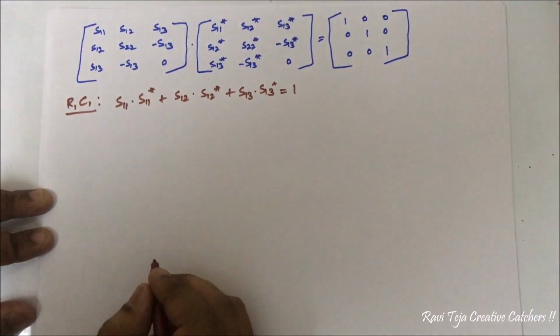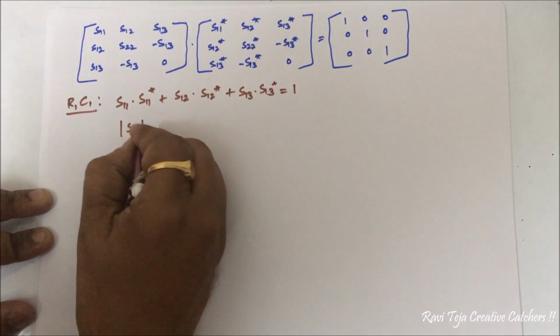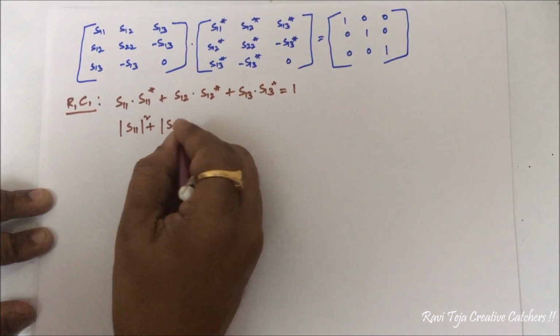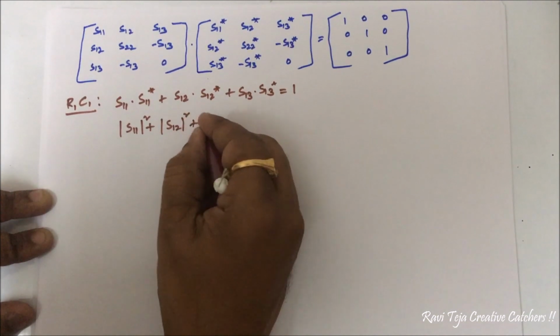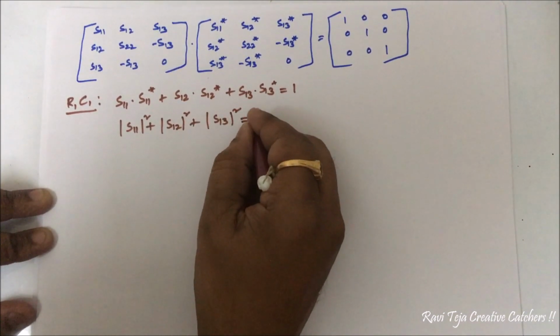That 1 is from the identity matrix. This can be written as mod of S11 whole square plus mod of S12 whole square plus mod of S13 whole square is equal to 1.